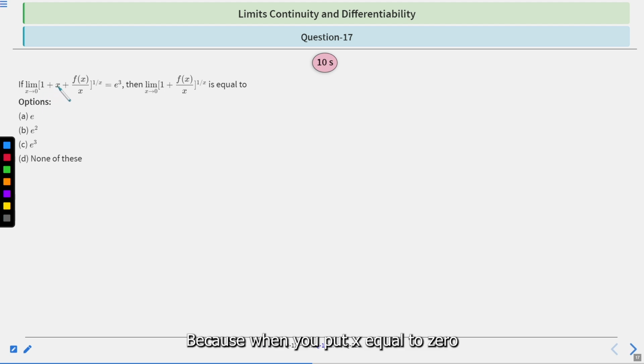Because when you put x equal to 0, f(0)/0 in the numerator is 1, so 1 to the power infinity form. Here it is also 1 to the power infinity form if f(0)/0 will be 0. So let's see the question. You have 10 seconds to solve this question. After 10 seconds, we will discuss the solution.